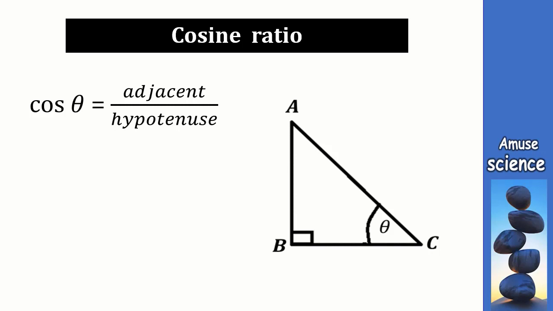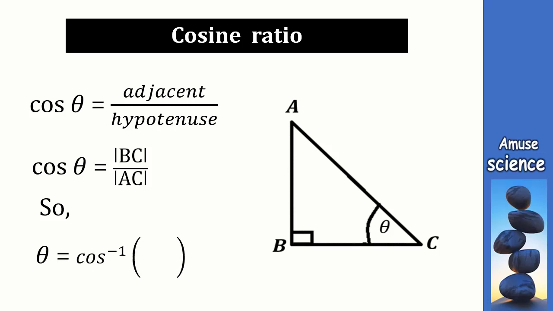And using the sides of the triangle from the diagram, we can say that cos theta is equal to BC divided by AC. We can find the value of the angle theta using cosine, and in this case theta is going to be the cos inverse of BC divided by AC.